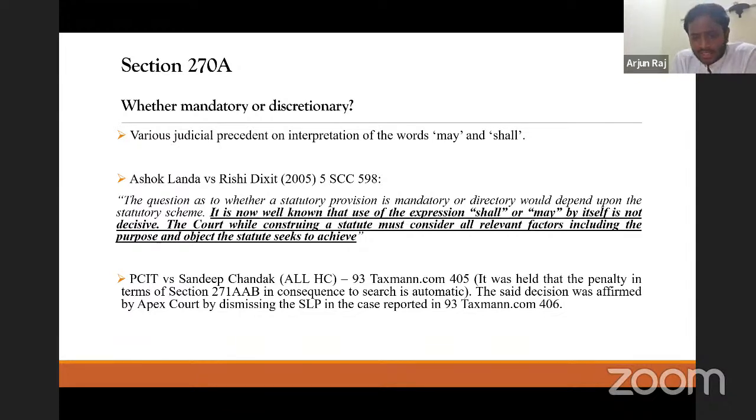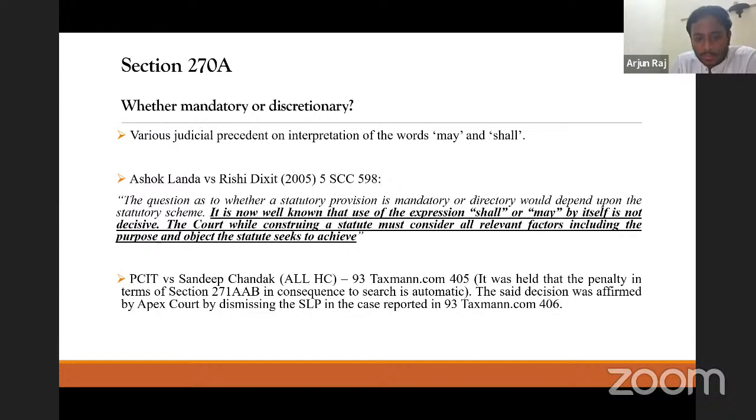There is also another recent decision rendered in 2018, that is after the insertion of 270A. In the context of 271AAB, there was an Allahabad High Court decision where they have stated that the penalty levied under 271AAB in consequence to a search, once the search has been conducted and there is an undisclosed income, would be automatic.